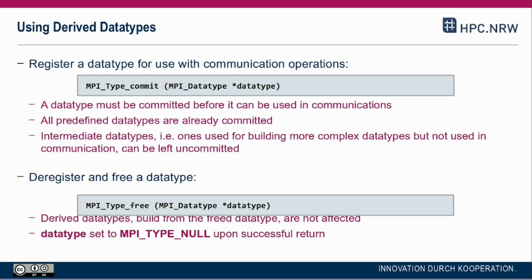Yeah, and basically, again, it's a handle. So every handle has a null type. If you free something, it'll be reset to MPI_DATATYPE_NULL, or MPI handle name null.